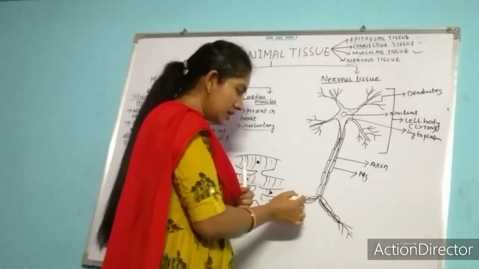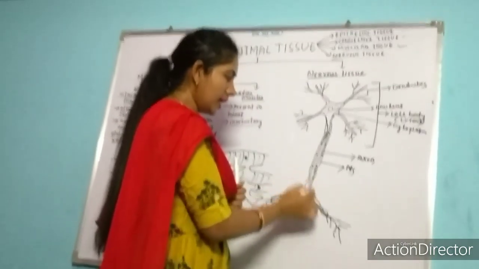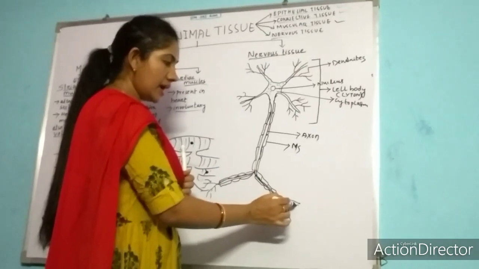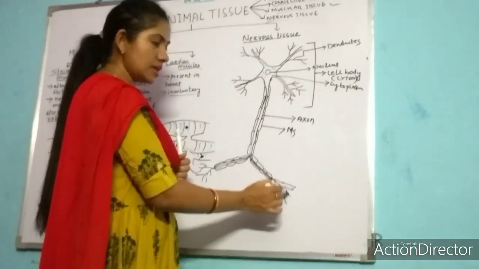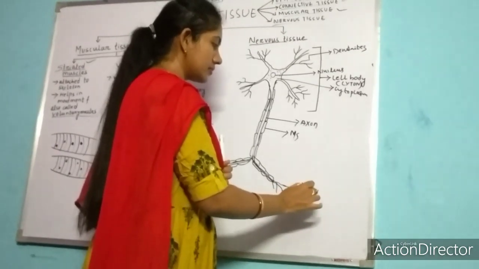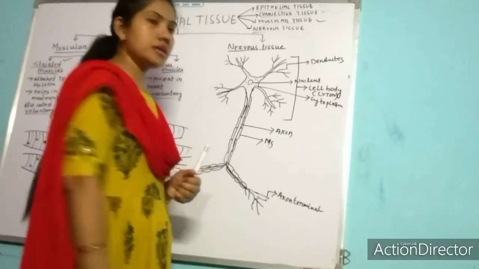Again you can see these here. These are called axon terminals. This is the axon and here it ends with the same branching. We call it the axon terminal.